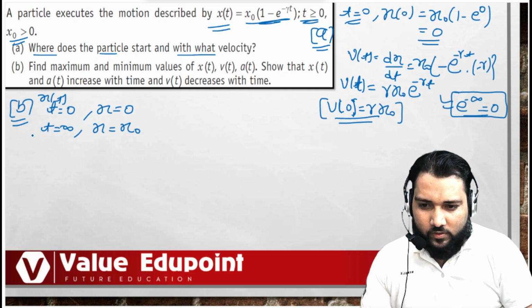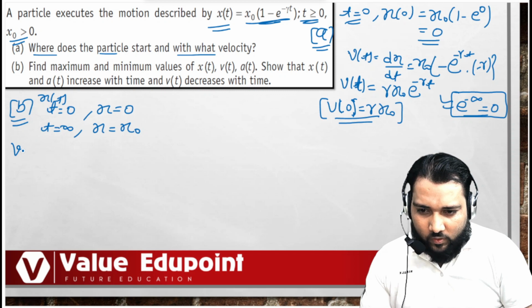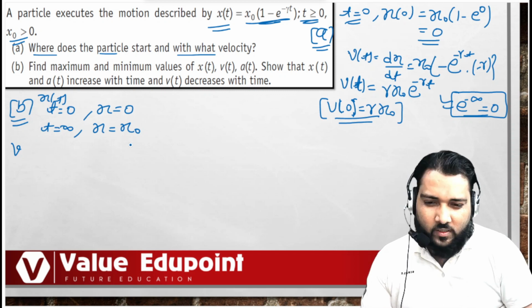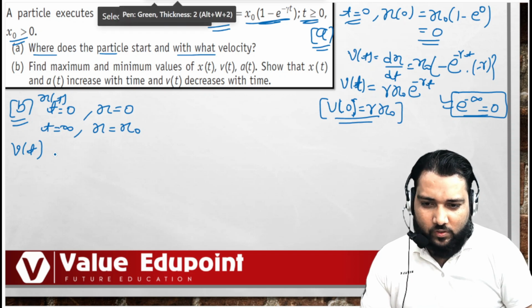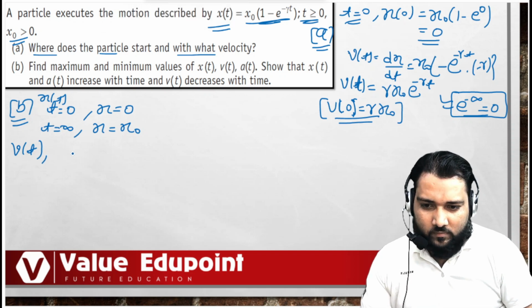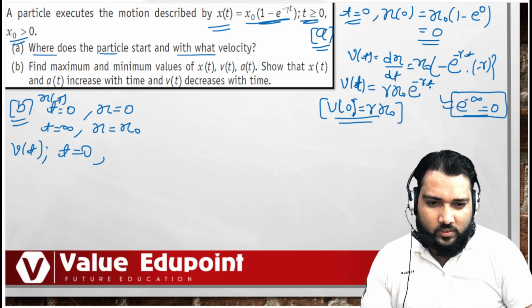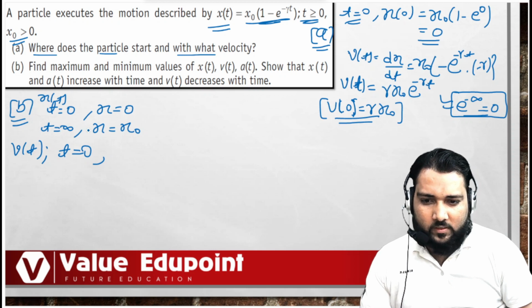And now I am talking about the function v(t). The function v(t) at t equals 0: when you put t equals 0, this will be 1, and the velocity will come out to be gamma x naught.